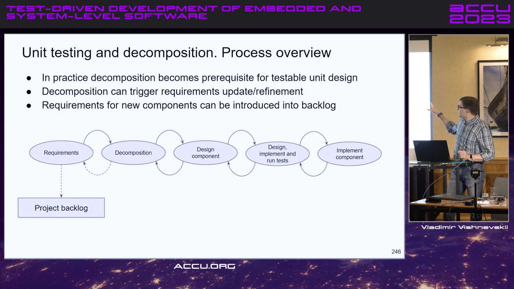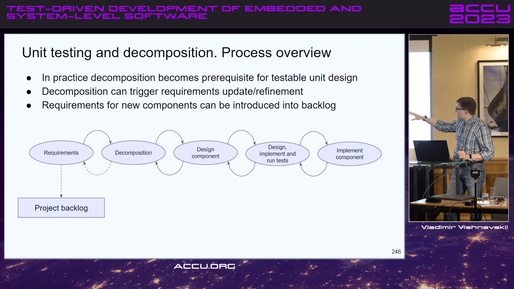Then from the design of the component, we were trying to implement the tests and run those tests. But also while writing the tests, we were getting feedback about the design of our components. Then we were implementing component and iteratively again implementing some tests.